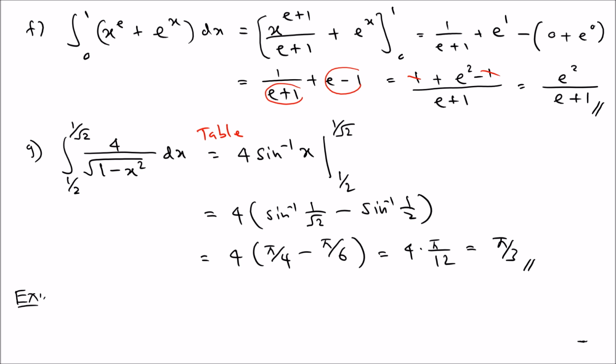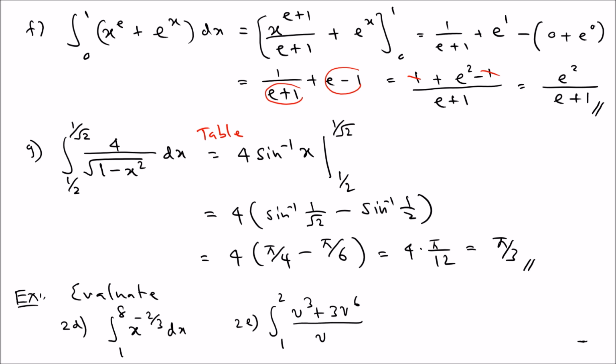So evaluate. This is 2D, let's say the integral from 1 to 8 of x to the negative 2/3 dx. 2E is the integral from 1 to 2 of v cubed plus 3v to the 6th over v to the 4th dv. 2F is, let's say, the integral from 1 over square root 3 to square root 3 of 8 divided by 1 plus x squared dx.